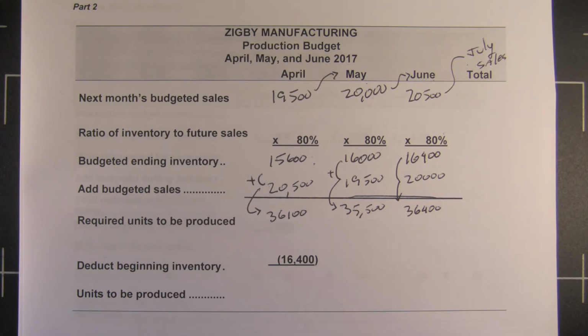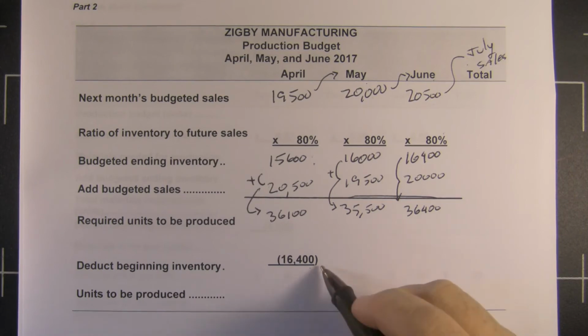But remember, we had some beginning inventory. At each period, we had some beginning inventory. They tell us that the beginning inventory for April was 20% of the sales necessary for April. So that's 20% of the 20,500, that's 16,400.